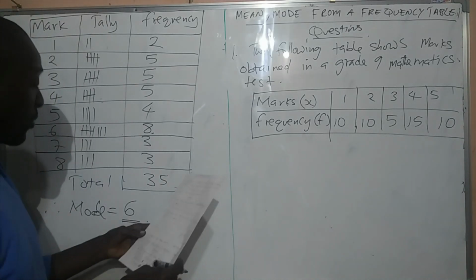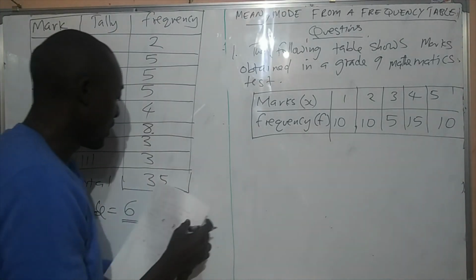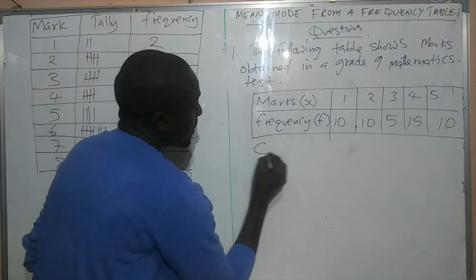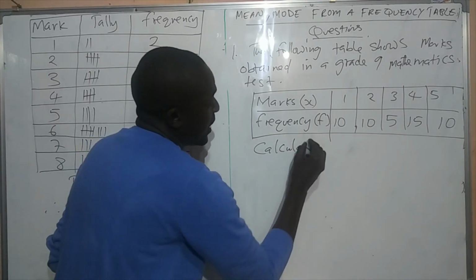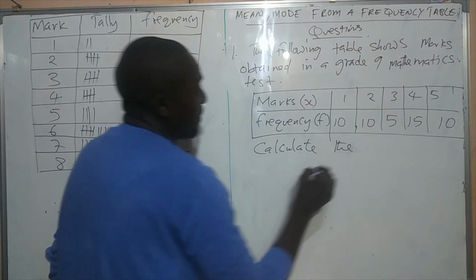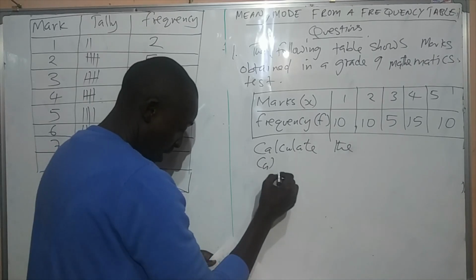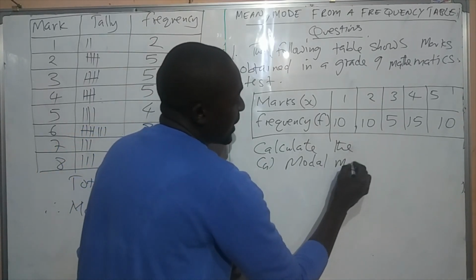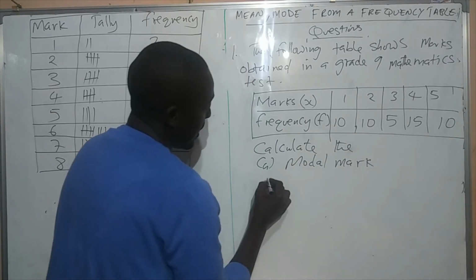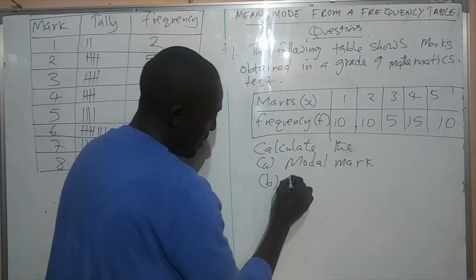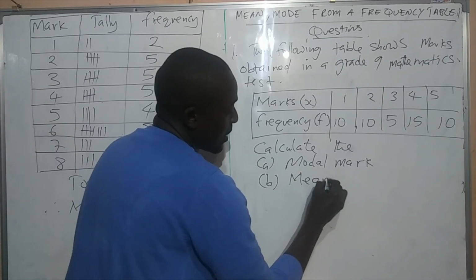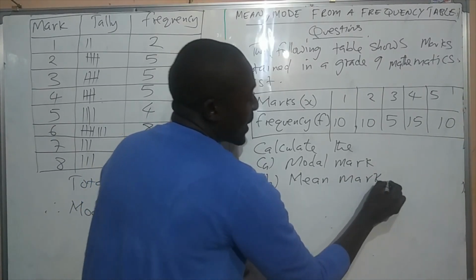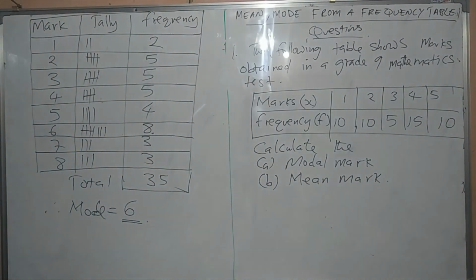So the question says: calculate the modal mark. Number 2: calculate the mean mark. So here's our first question.